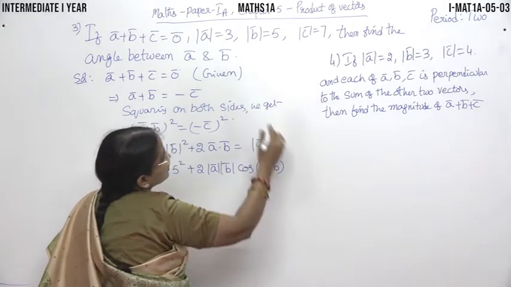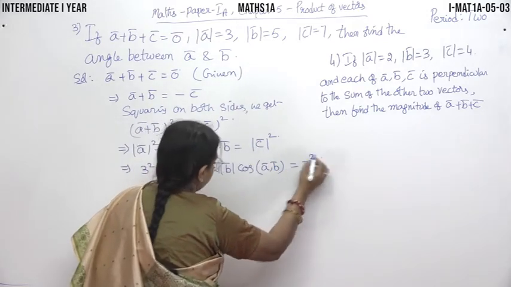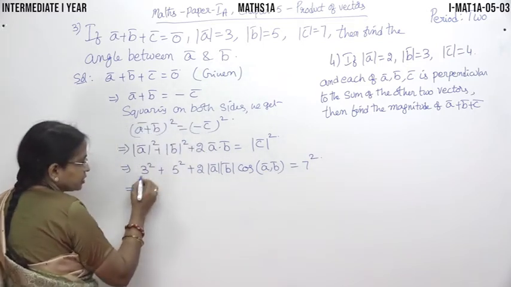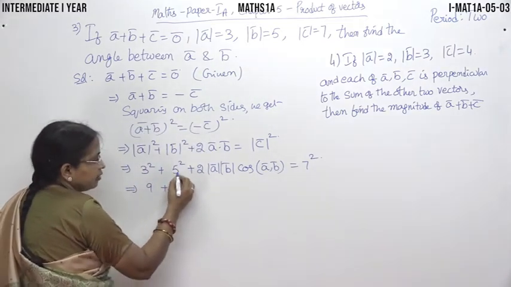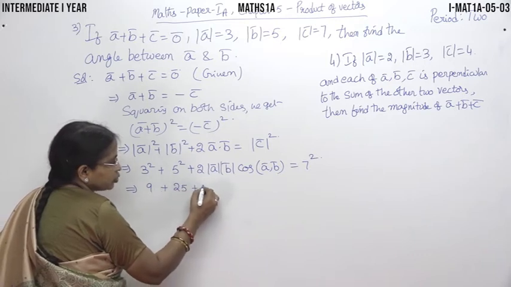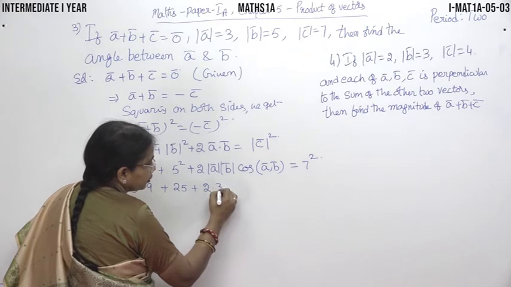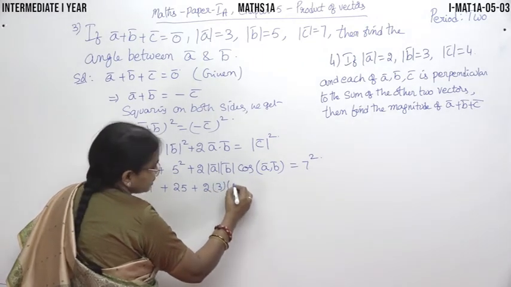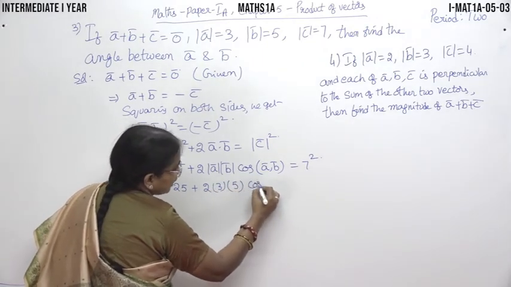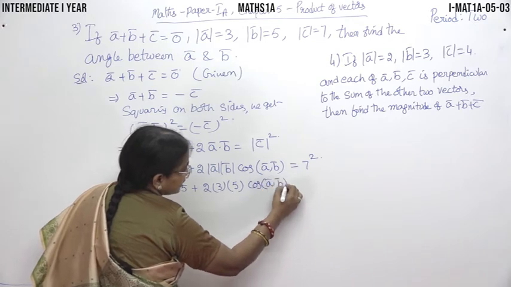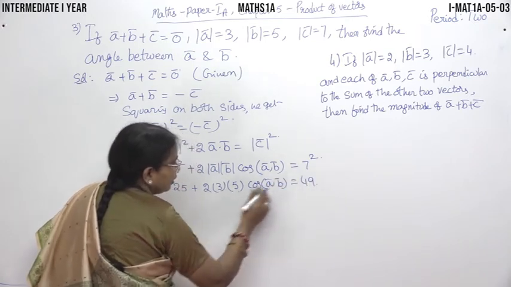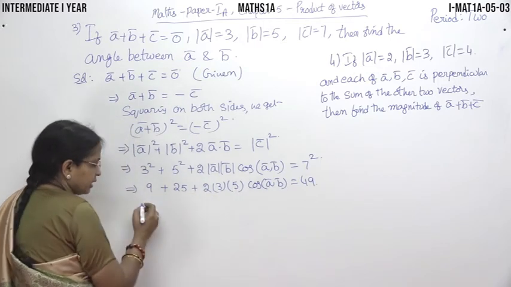It is equal to mod C square, that is 7 square. Now again we'll substitute. So this becomes 9 plus 25 plus 2 into 3 into 5 into cos of angle between A and B is equal to 49. Now just solve this for cos AB.